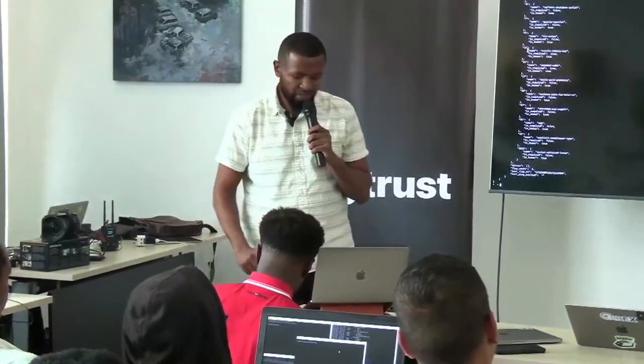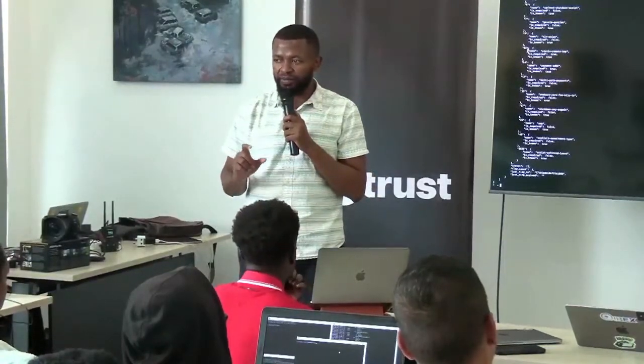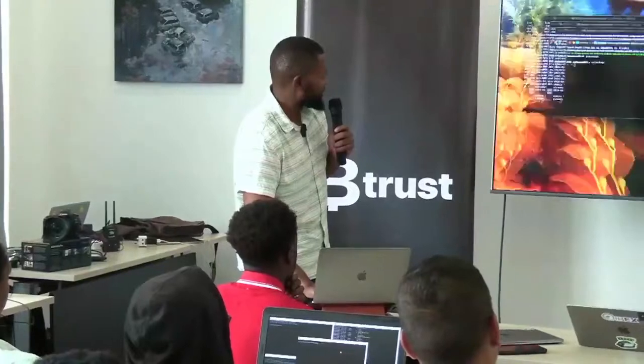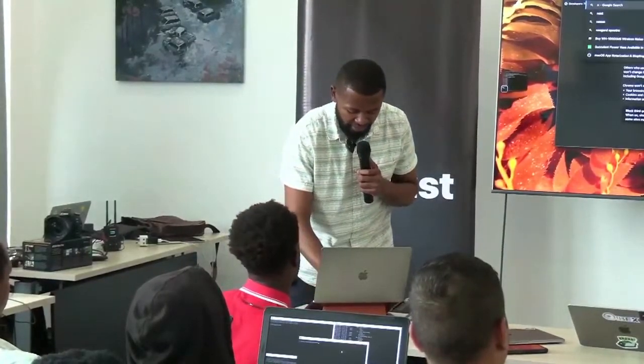So that's basically it. If you don't want to run the whole Bitcoin node, try and look into Neutrino. This is their website. Neutrino is a solution by Lightning Labs.